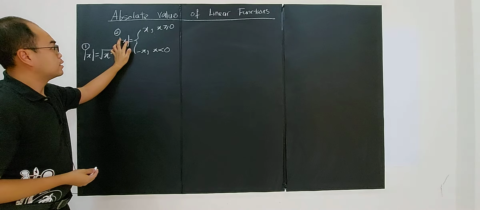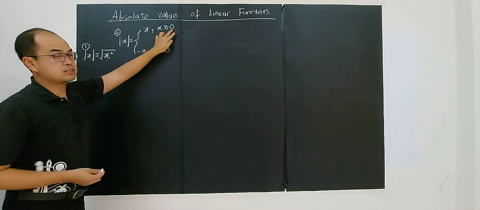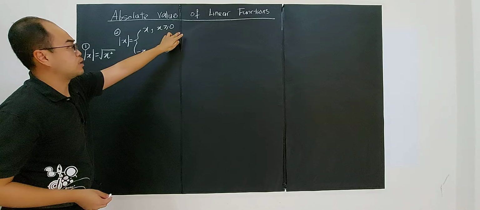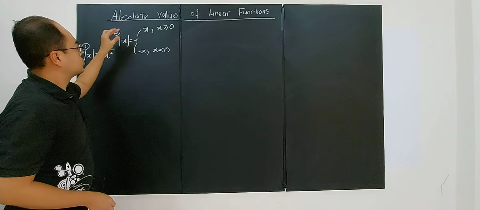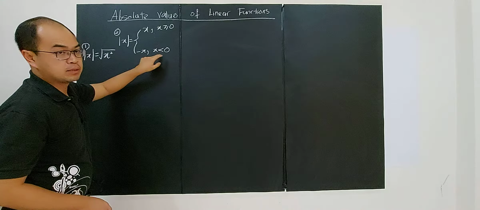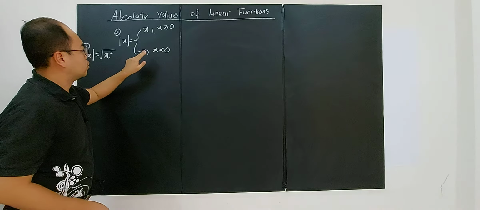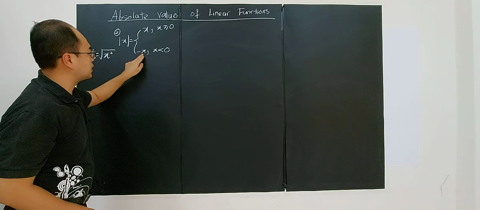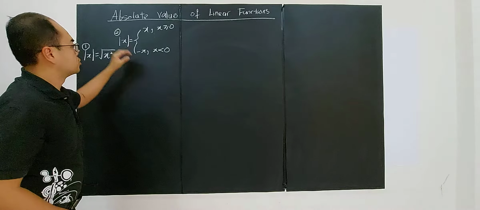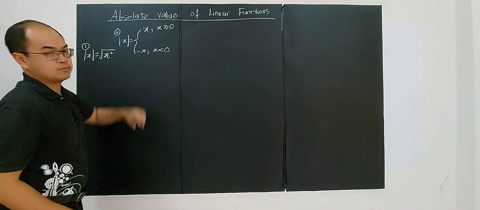When x is 0 or a positive value, then it for sure is positive. When x is a negative number, you have to put a negative to this negative number in order to become positive. So it's always positive.